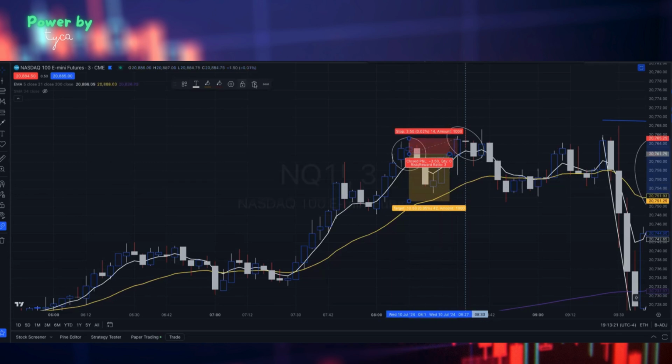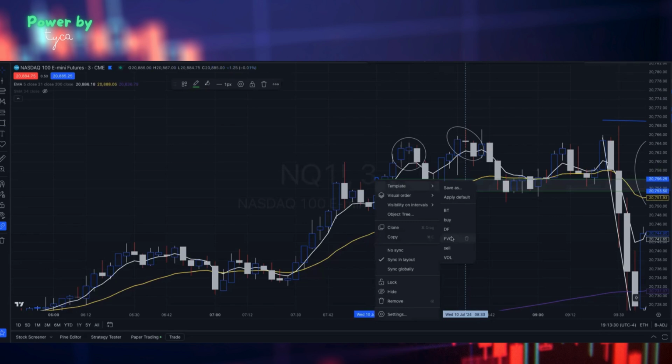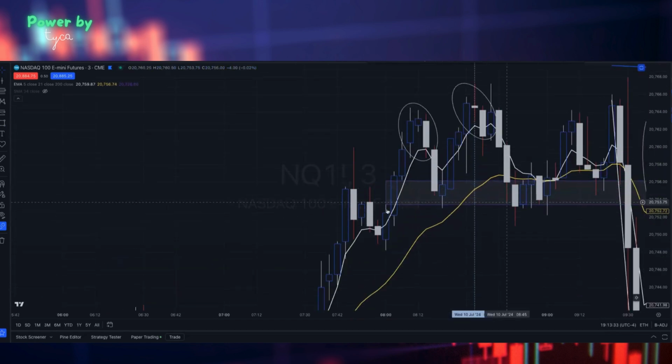Now this goes into our other topic of the day. Fair value gaps. That's what this is, right? So we've got fair value gaps and volume imbalances, right? A fair value gap is this space between here and here because price did not properly balance this candle. It left a gap.